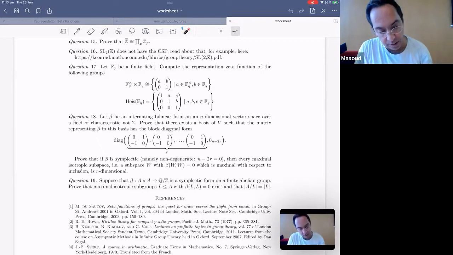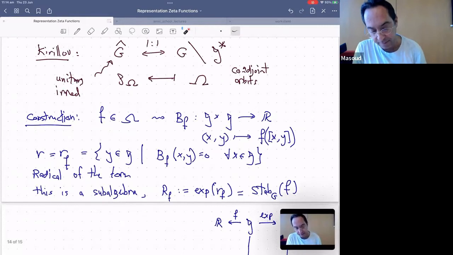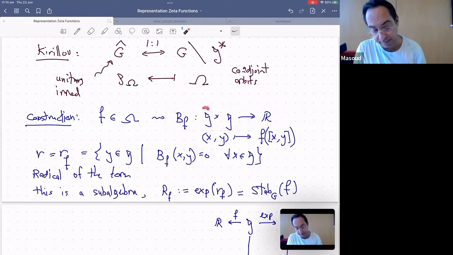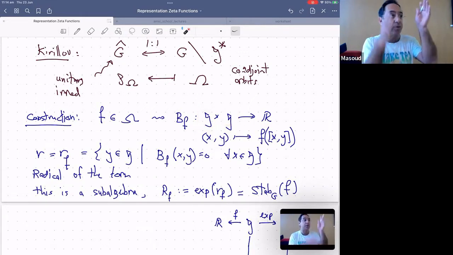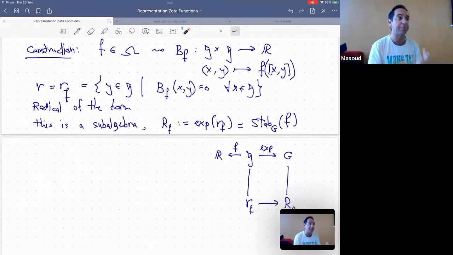Okay, so let's go back to our story here. I have this form here. What I'm claiming is that there is a subspace of G such that if you restrict it to the subspace of G, you get the zero form. I mean, there are many subspaces like that.